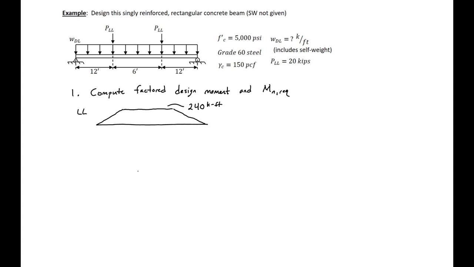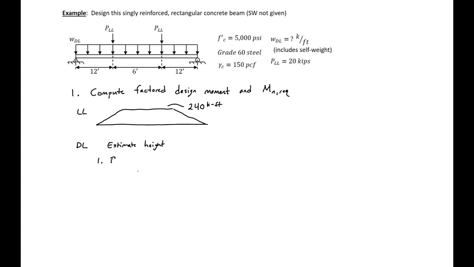Since we aren't given our section, we're going to need to make some kind of estimation or assumption for our cross-section shape to find our dead load. So we can estimate our height using two different methods.